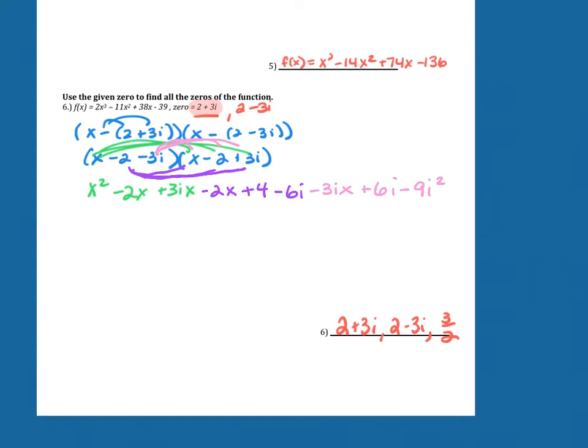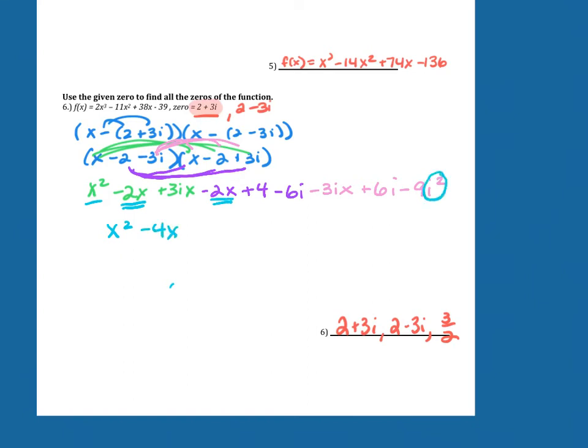Take your time with this part of the question. If you get this wrong, you go to divide, your remainder is not going to be 0, and you just lost all that time. Hopefully you catch it because your remainder is not going to be 0, but you lost all this time. So go slow, be careful, okay? Now combine my like terms. So I've got an x squared, negative 2x and a negative 2x is negative 4x.